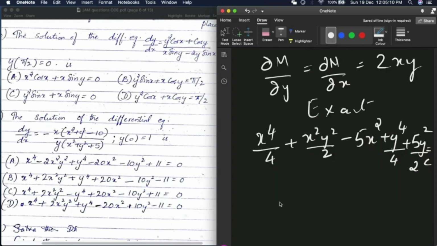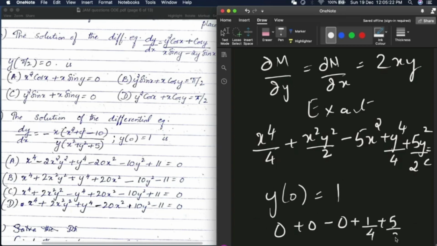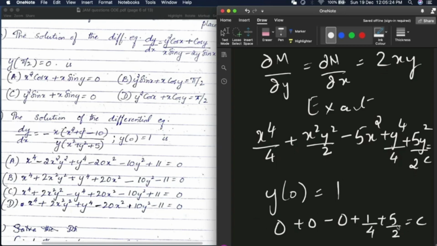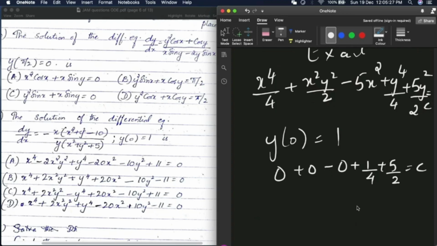Given a condition y of 0 is equal to 1. So 0, 0, 0, 1 by 4. C is 11 by 2, no? No, 11 by 4.